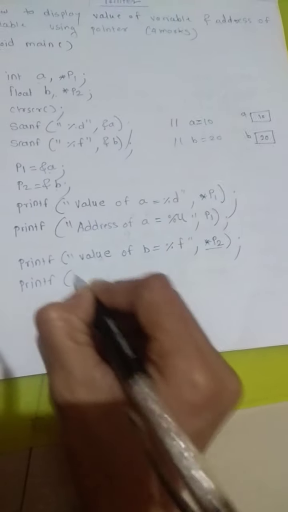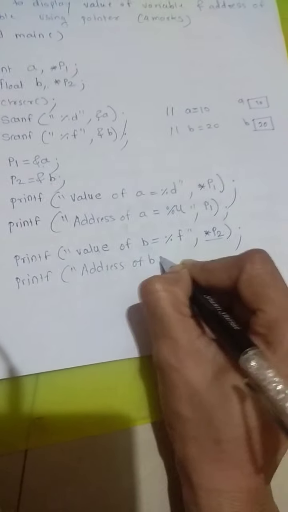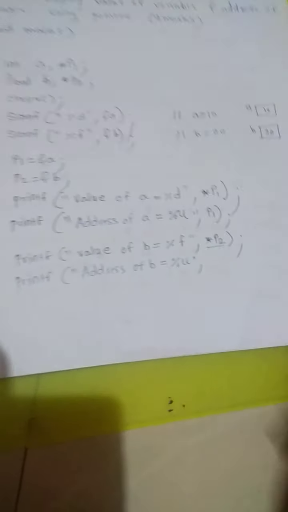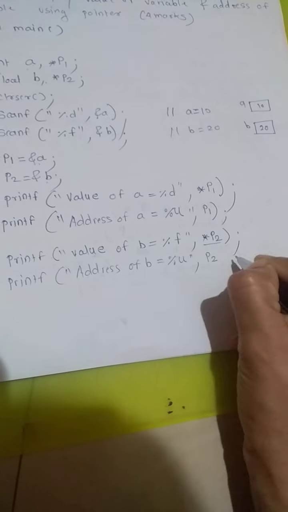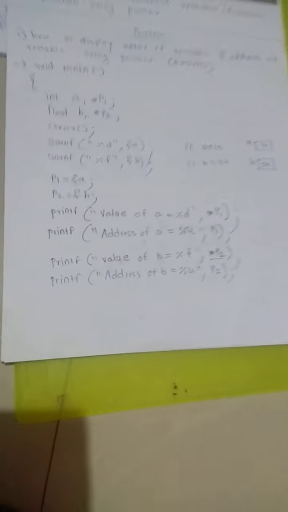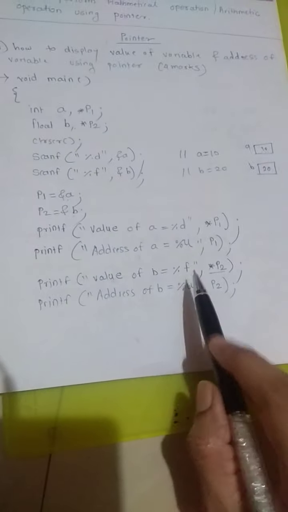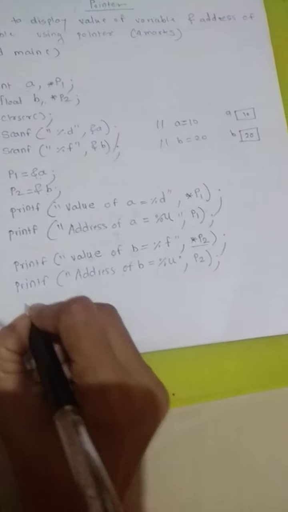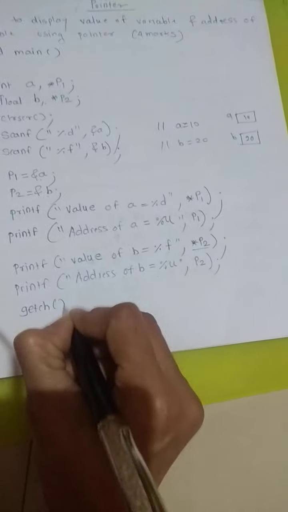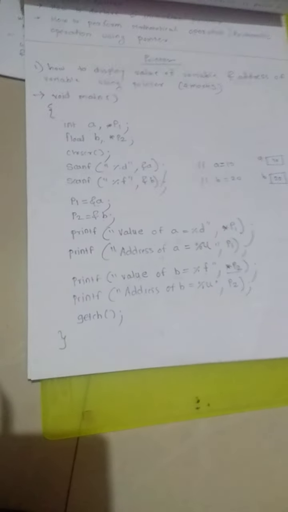Then printf, address of b is equal to, to display the address, format specifier %u, and the address is stored in p2, so we directly write here p2. That's it. Same for character variable. Only difference is for character variable we use format specifier %c. Then getch, void main complete.